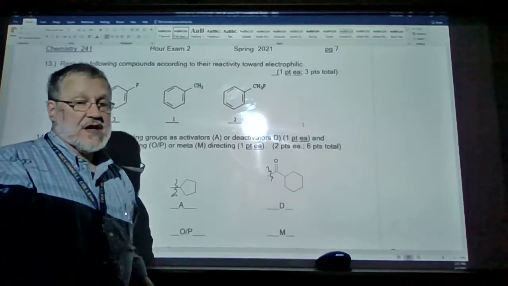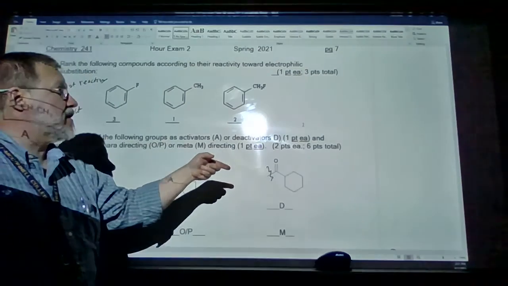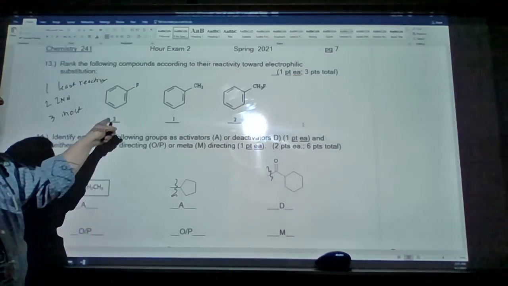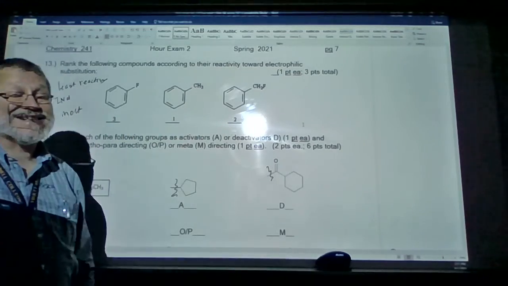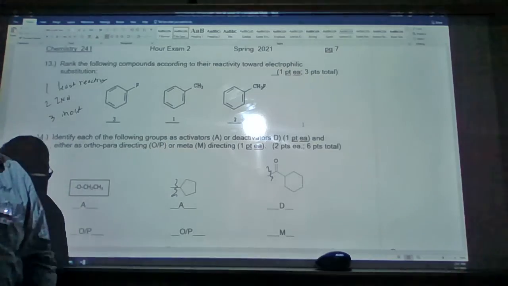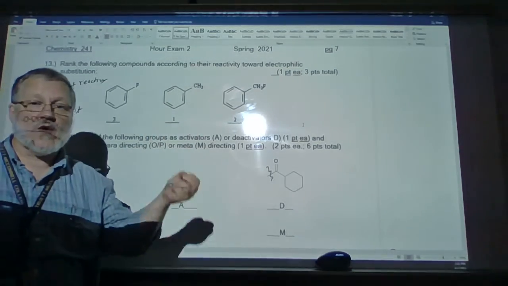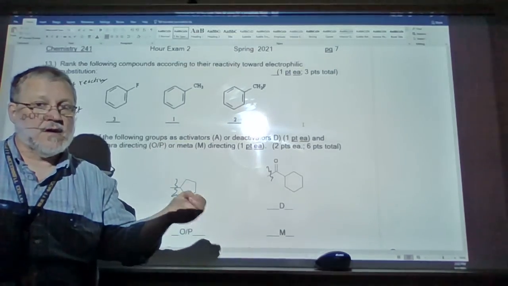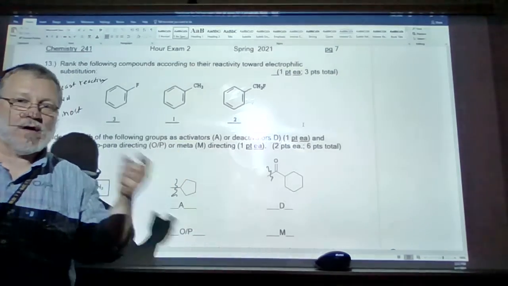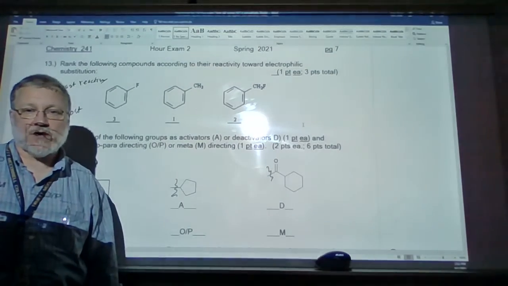This fluorine is attached to a carbon that's attached to the aromatic ring. This is not as reactive as this guy is. This is the least reactive. The CH3 is an ortho-para director. It is a ring activator, but not as strong a ring activator as the halogens are.